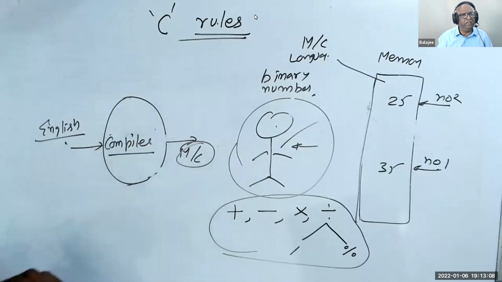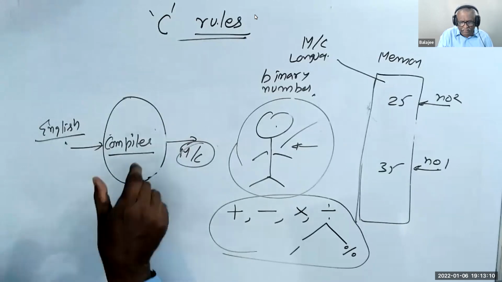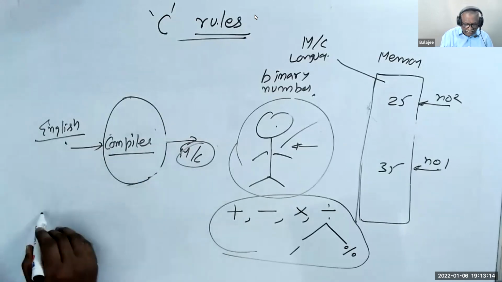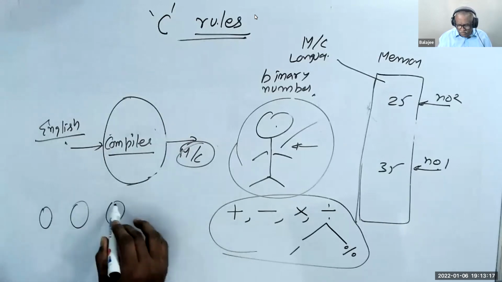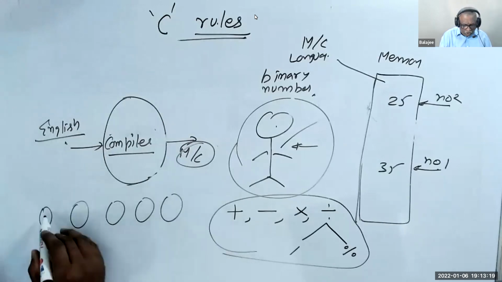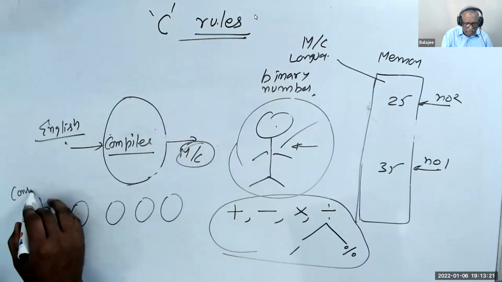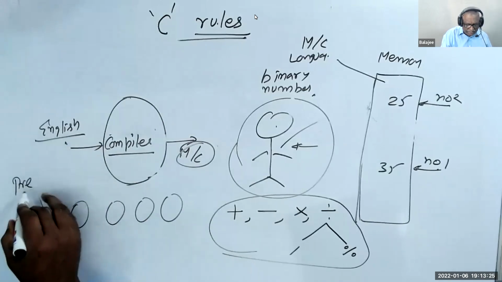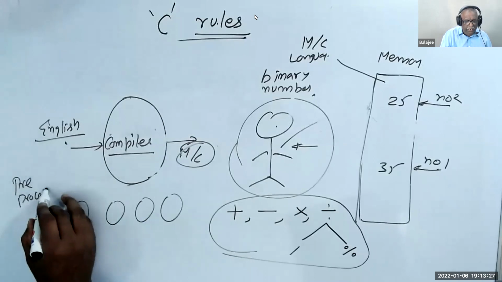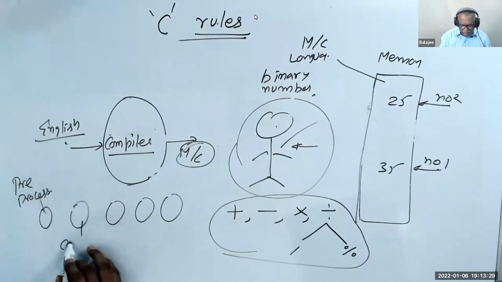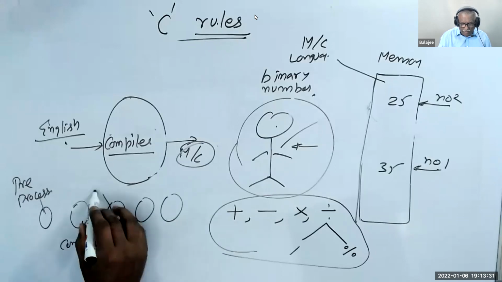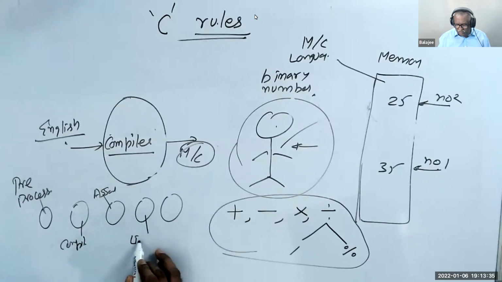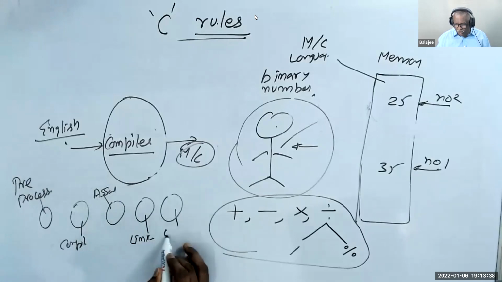Why did they give it the name compiler? Because that name itself has a unique meaning. It is not a single tool. It has multiple tools. One is called preprocessor. We'll discuss all these things later. The other is called compiler, the other is called assembler, the other is called linker, the other is called loader.